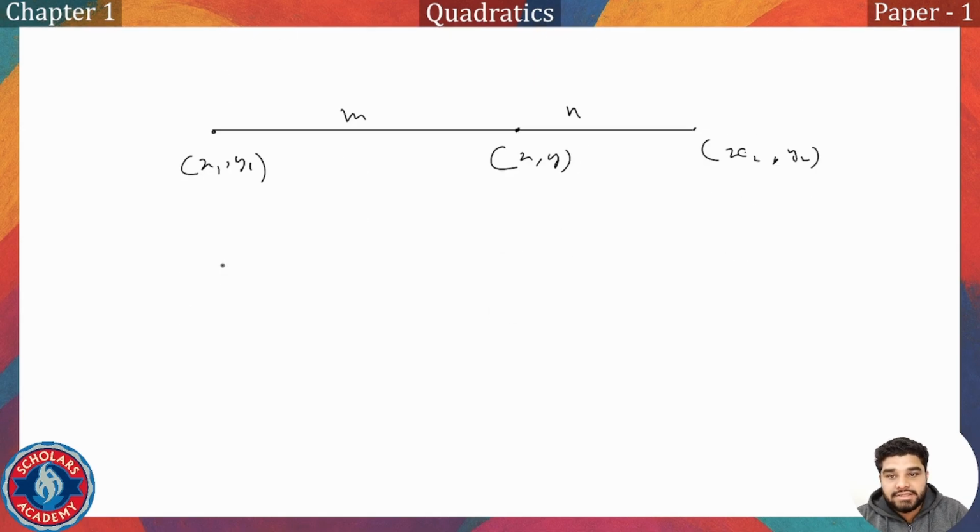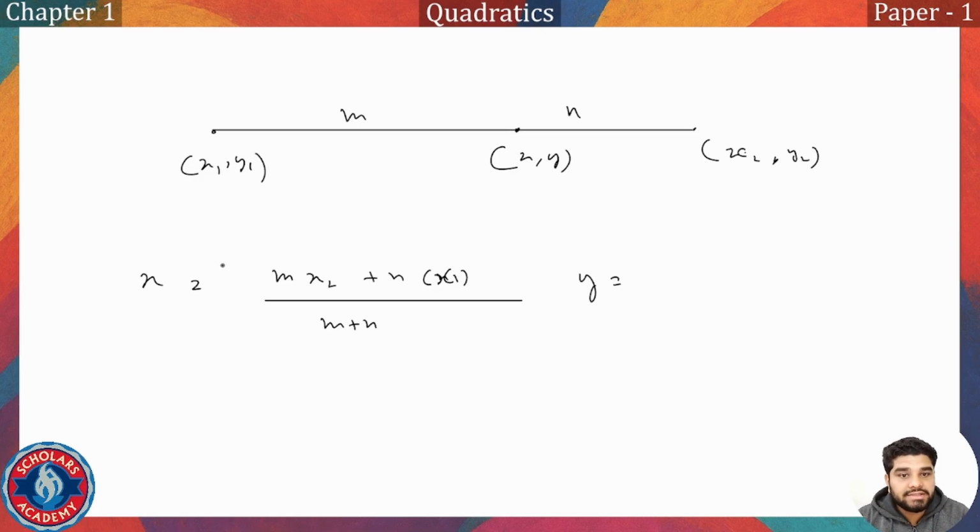So the section formula tells us that x is equal to (m times x2 plus n times x1) by (m plus n), and y is equal to (m times y2 plus n times y1) by (m plus n).